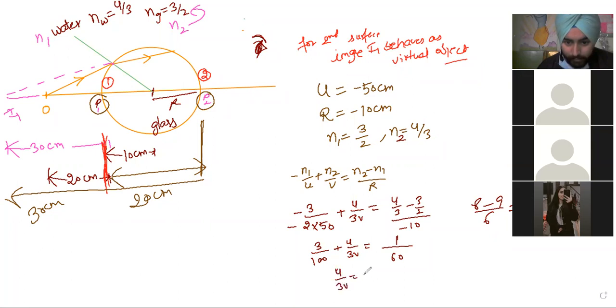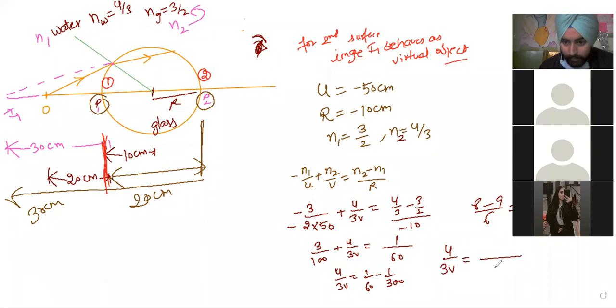4/3v is equal to 1/60 minus 1/300. So now solve this. What will be your answer after solving this? This is 4/3v.